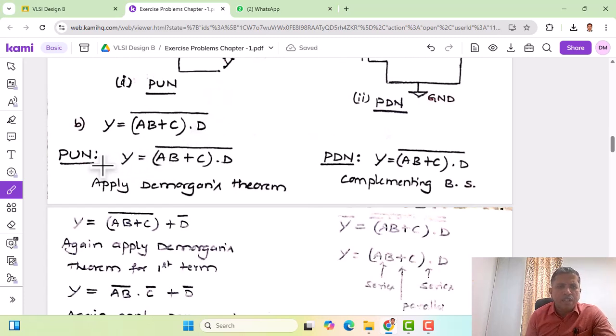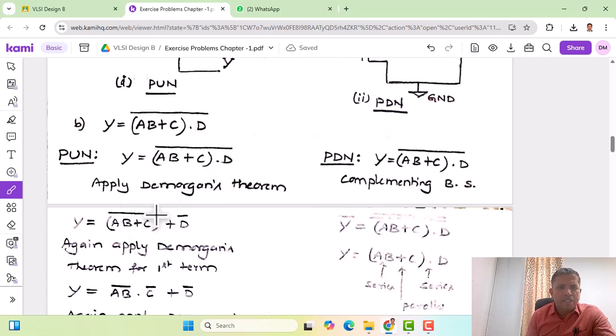So now let us realize the pull-up network, rewriting the same expression, and let us apply the De Morgan theorem for this. Here with the De Morgan theorem, the dot becomes a plus. So Y equals AB plus C whole bar, plus, instead of dot we have plus, and D becomes D bar.